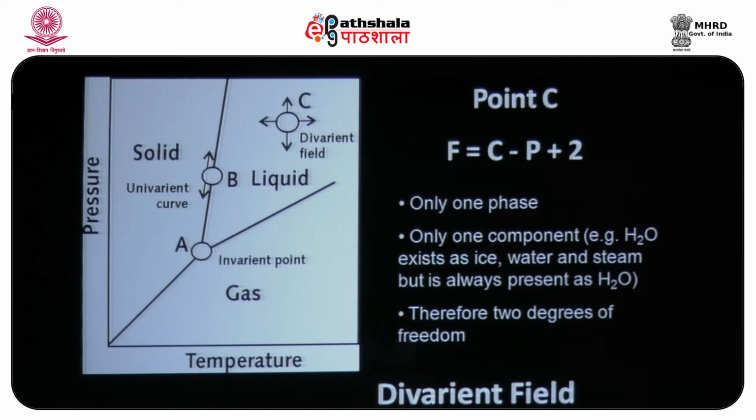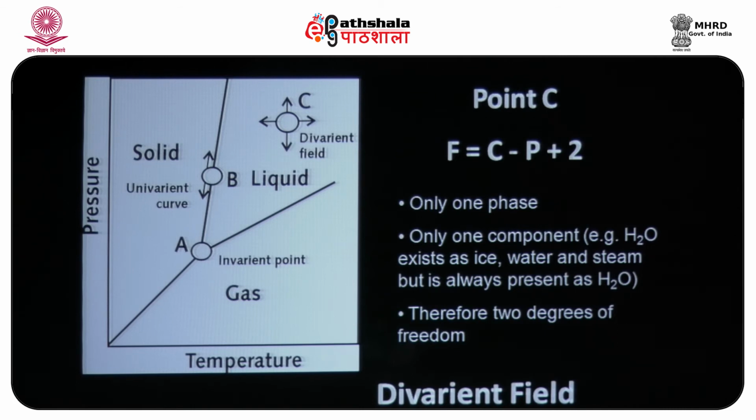Again, it is a water system, so the component is 1. Now, what are the phases? Here the phases are liquid as well as solid. So, 1 minus 2 plus 2. So, you see the degree of freedom actually decreased by 1. Before at C it was 2. Now, as you move towards the line, the degree of freedom has decreased by 1, and the F is now 1.